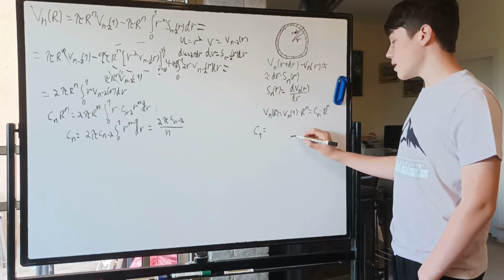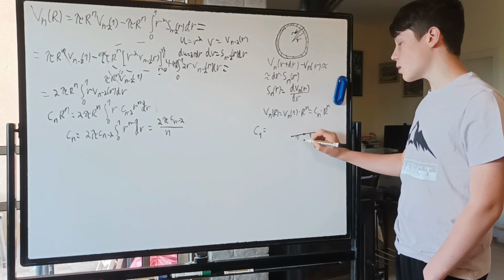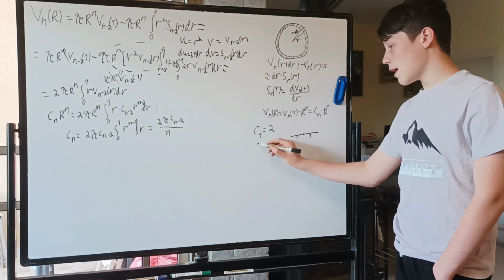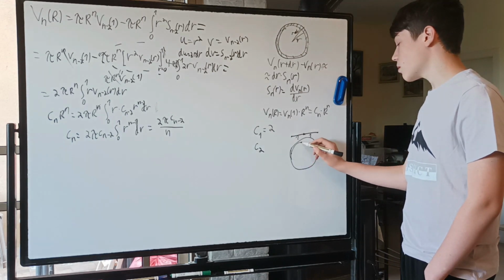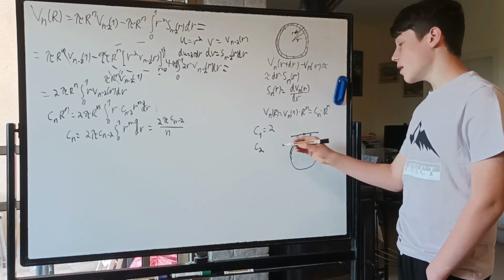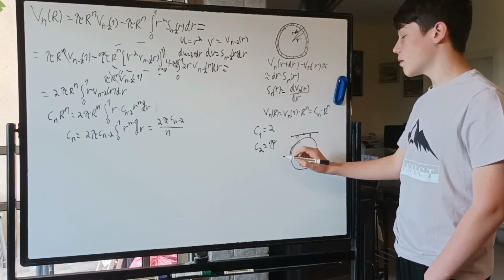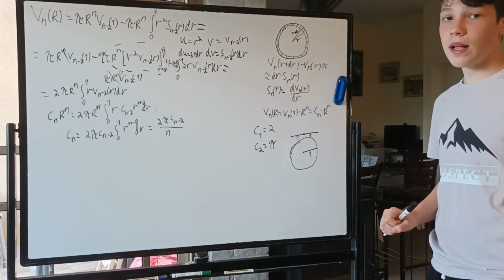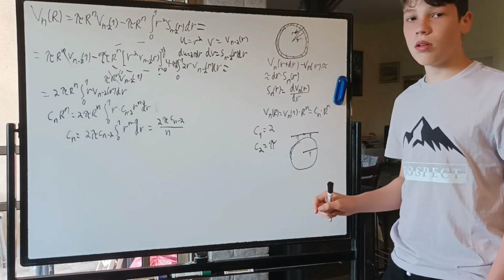But like we said at the beginning, this is just a line, where this is the center, this is 1, and this is 1. So this is 2 in total. And C_2 is going to be a circle with radius 1, and its area is going to be pi. So we have these 2 initial values. Now we can tackle C_n.